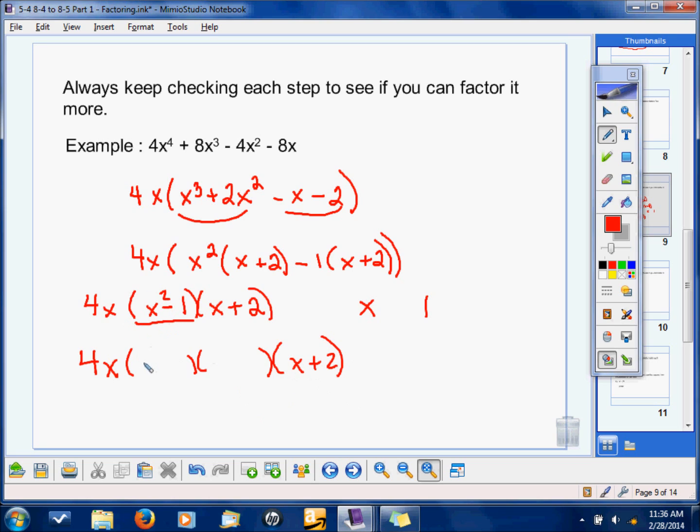So x squared minus 1 turns into x plus 1 times x minus 1. Now it's done. You always have to check for everything. You have to make sure you have factored completely and that there is nothing left to factor.